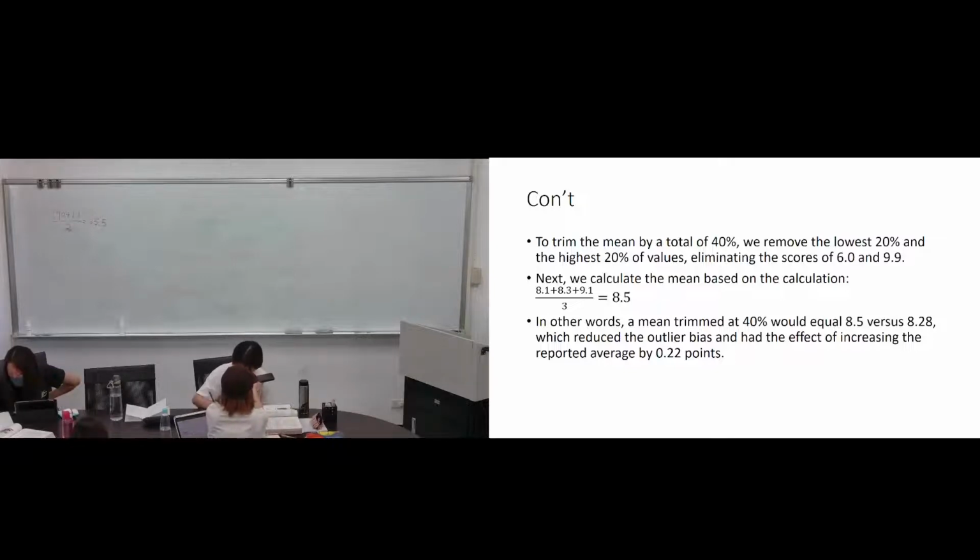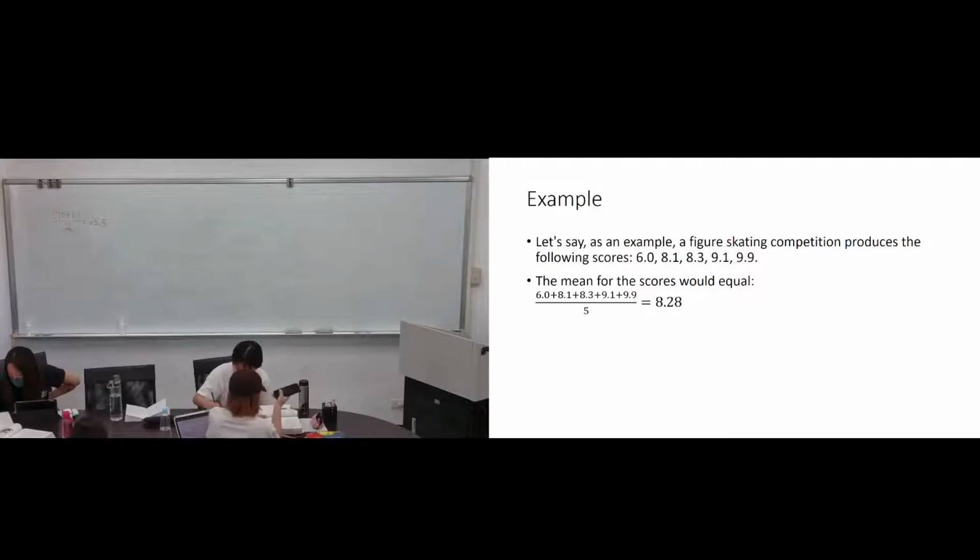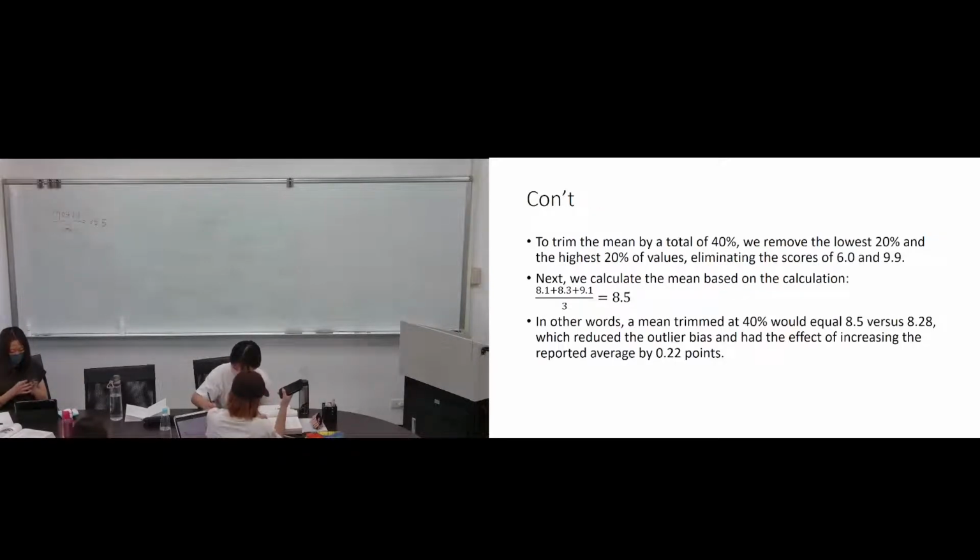Now, we remove the lowest 20%, so we remove 6.1. Then we remove the largest 20%, so we remove 9.9. After that, there are 3 scores left: 8.1, 8.3, and 9.1. We add them up and divide by 3.